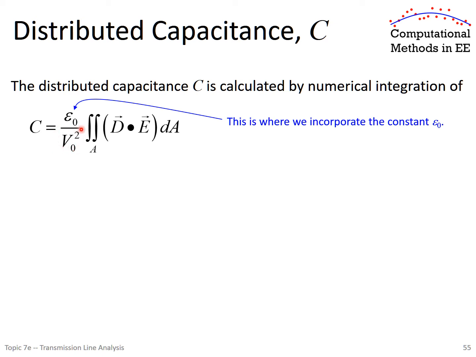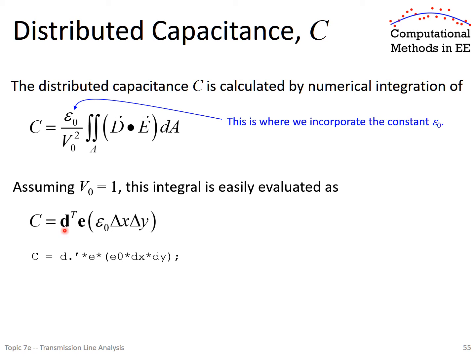This V naught squared is the applied voltage squared. So as long as we're only applying 1 volt, that V naught squared is just 1, and that equation simplifies considerably. So we need to do a numerical double integral to calculate our distributed capacitance. But using discrete integration, this is super easy.